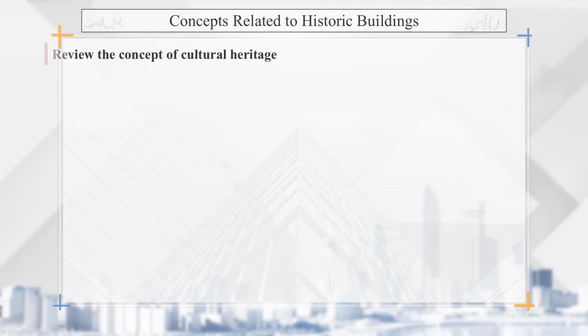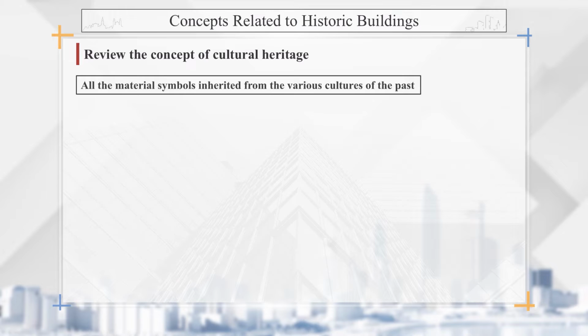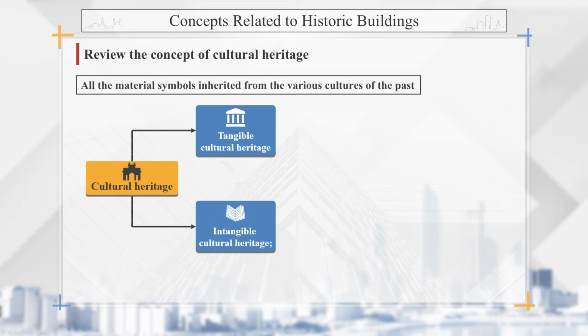Cultural heritage refers to all the material symbols inherited from the various cultures of the past. It gives each particular place its identifiable features. The cultural heritage system of our country includes tangible and intangible cultural heritage.